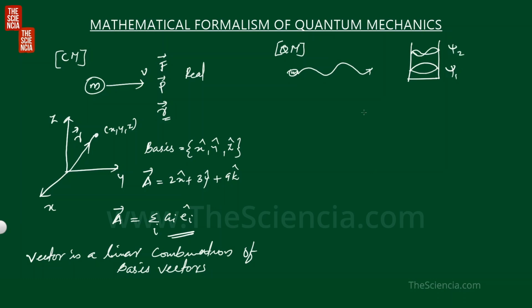So in general, there is a coordinate system, or there is a space. Actually, this is a 3D space. Similarly, we need a space in quantum mechanics. In that space, we can represent all these states. So this will be psi1, psi2, psi3. And that space is called Hilbert space.